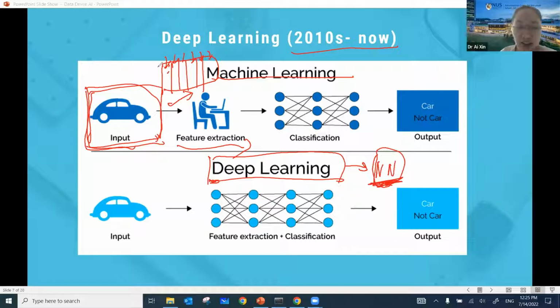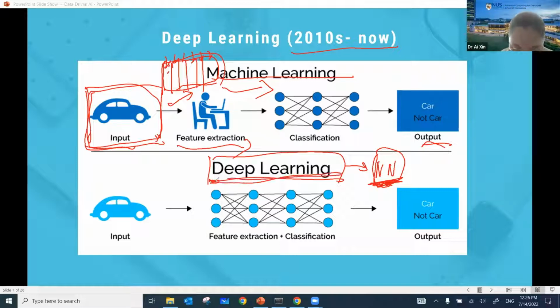Anything you can think of. So you convert the image into tabular data with all the features you think will be helpful to tell whether there is a car inside the image. Then you feed that tabular data into a traditional machine learning model, and it will output whether there is a car or not.